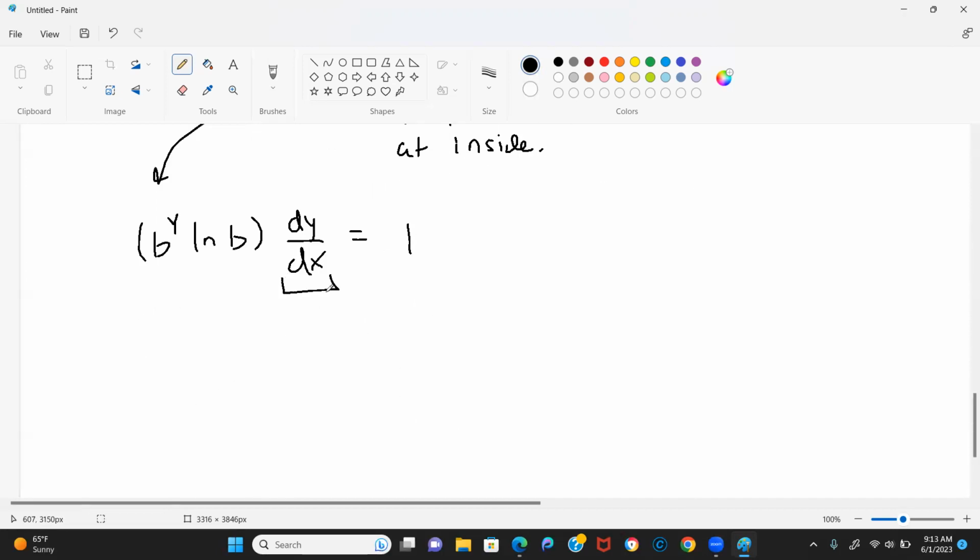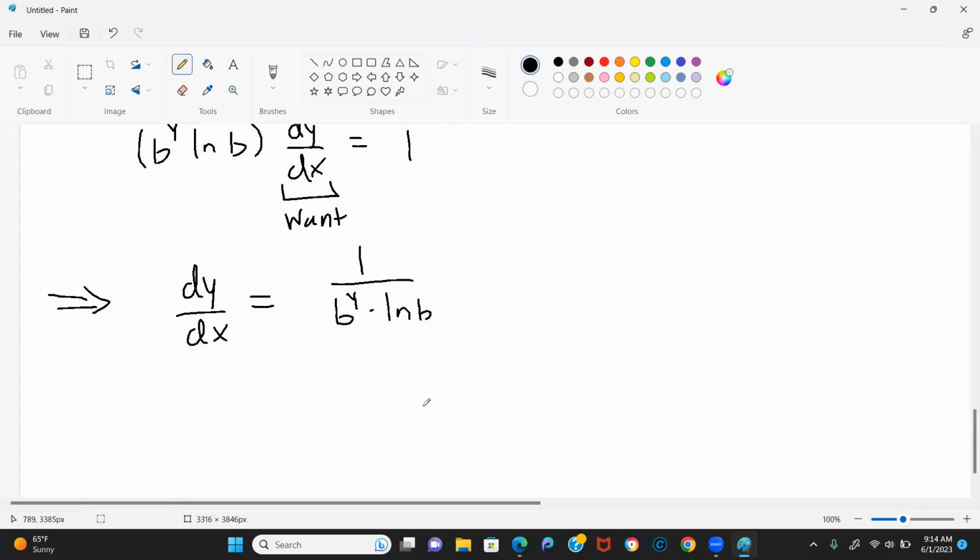All right, so now this is what we want. We want the derivative of the log function, so let's solve for that. So dy/dx is going to be 1 over b to the y times ln of b. Now let's plug in y.